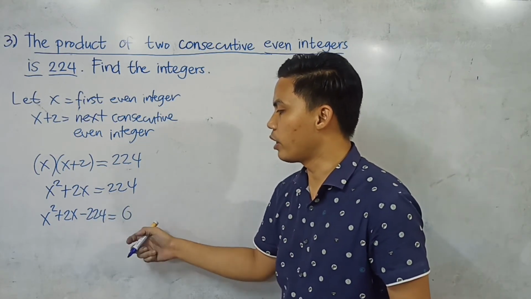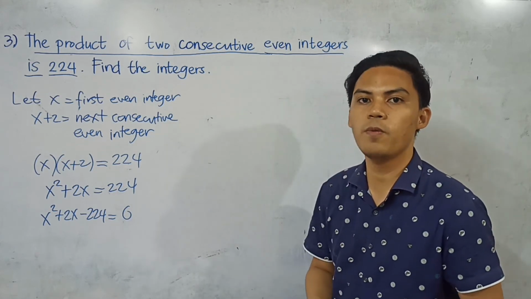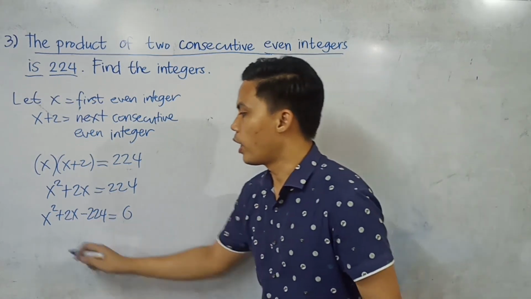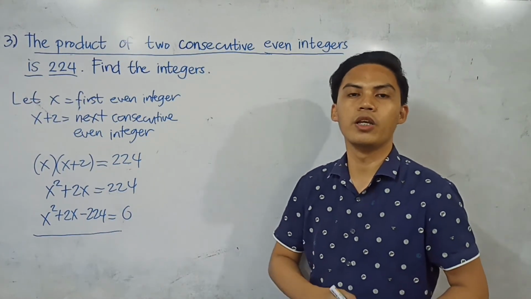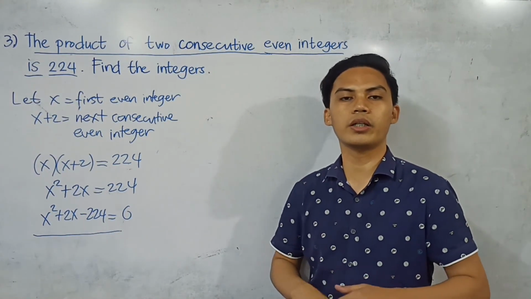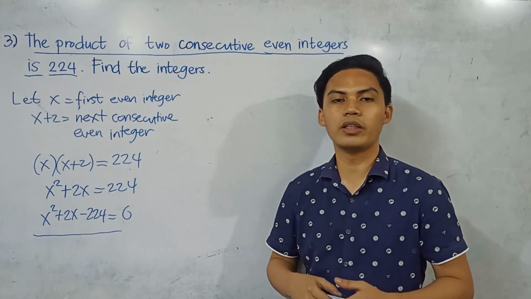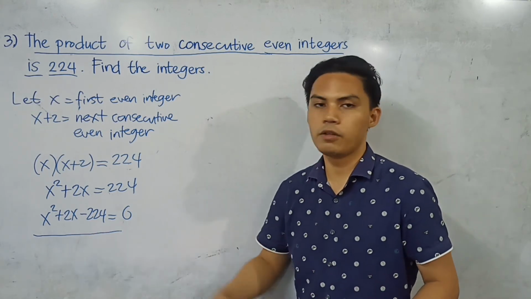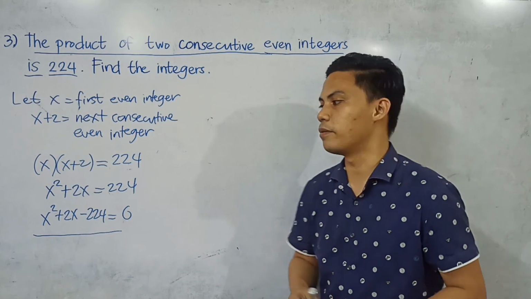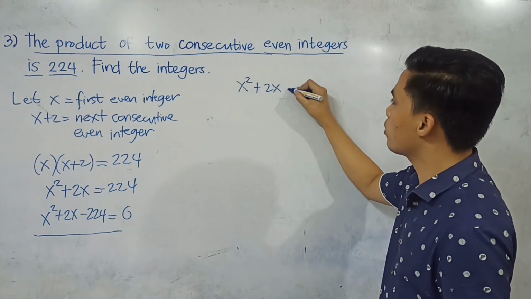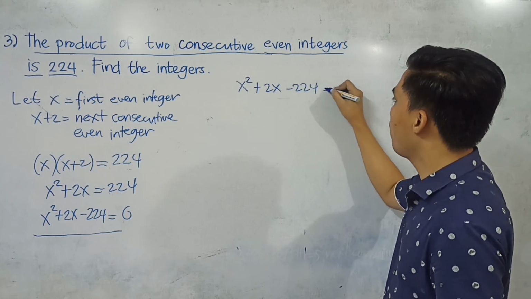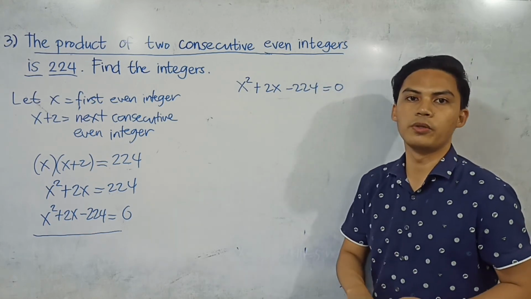So walang natira sa right side, so that would be equal to 0. So, again, this is a quadratic or general quadratic trinomial. So we can use our knowledge on factoring general quadratic trinomial sa pagkuha ng values ng x natin. So we have x squared plus 2x minus 224 is equal to 0.